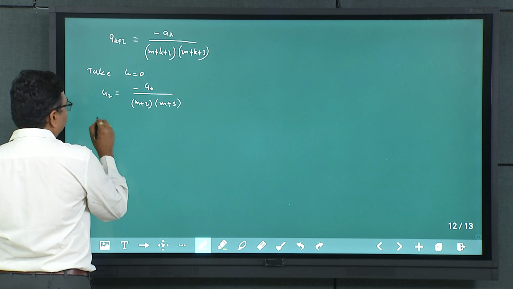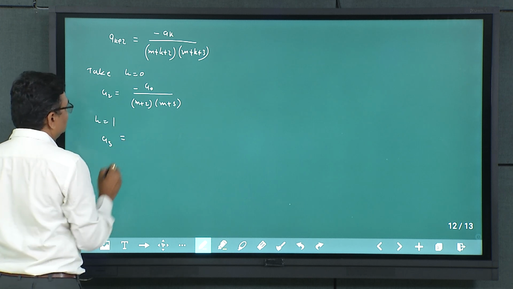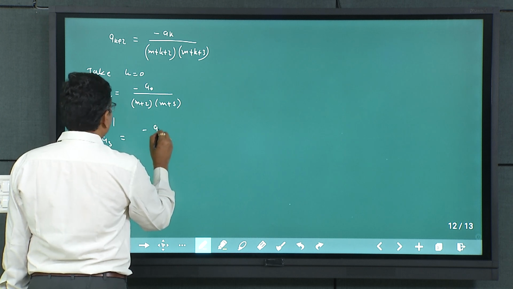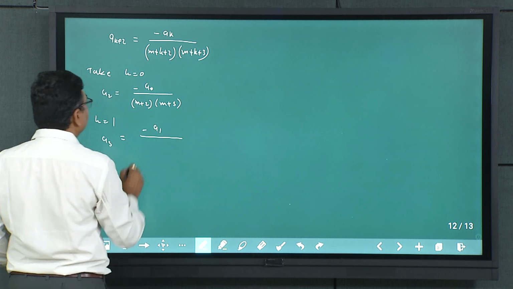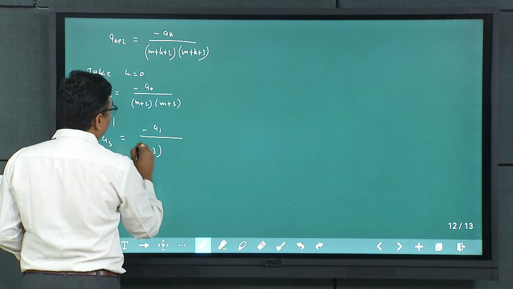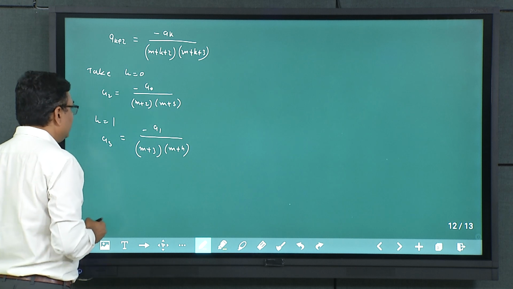Now take k is equal to 1. So A3 is equal to minus A1 upon, k is equal to 1, so m plus 3 into m plus 4, right.